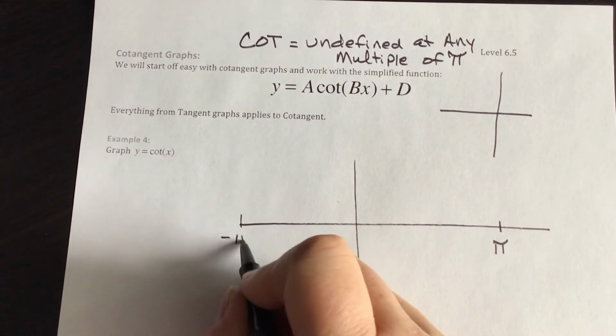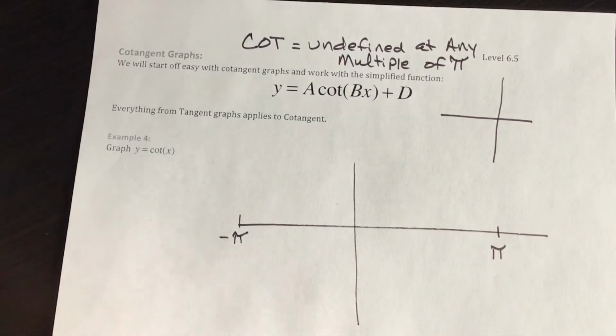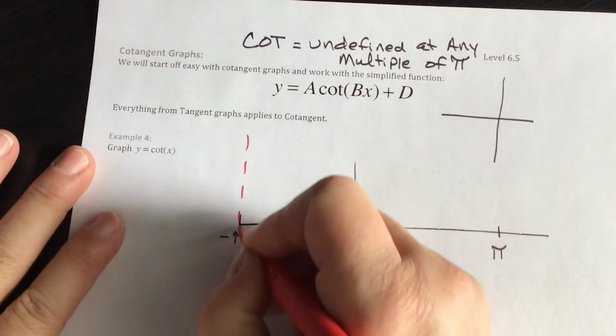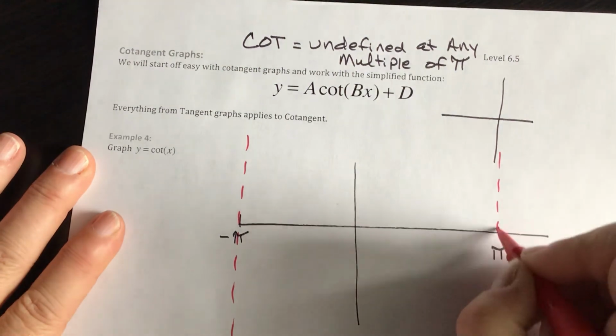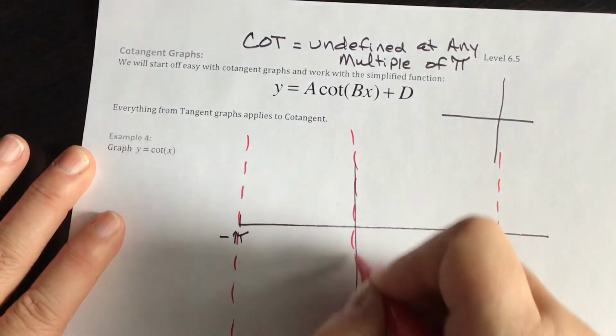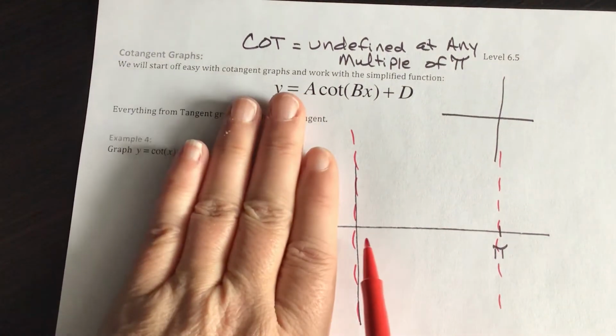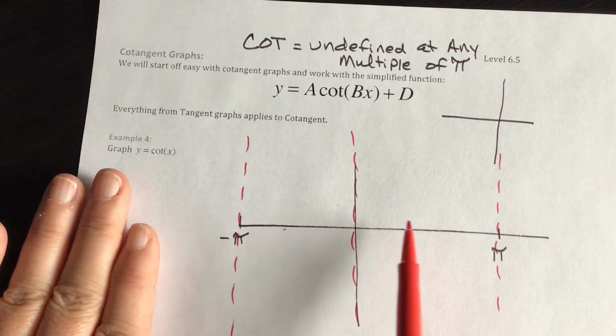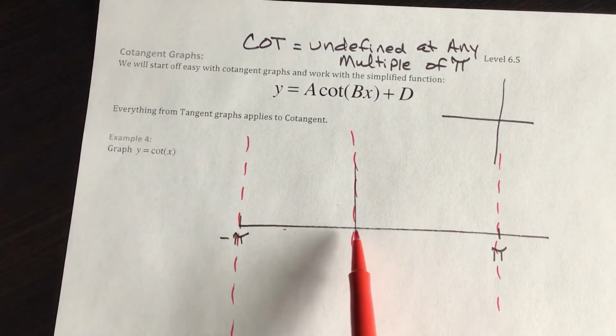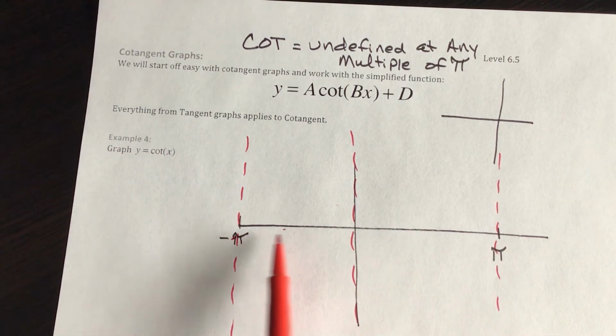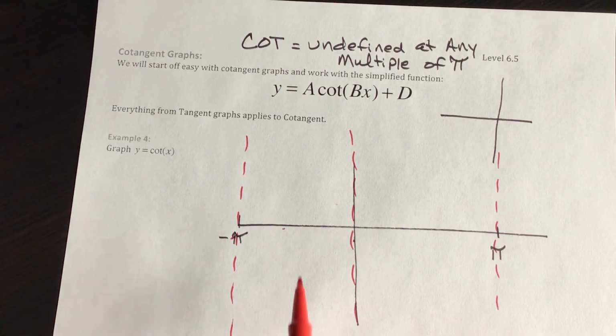Here's negative pi. So I have vertical asymptotes here. All right, so my period, instead of going from negative pi over 2 to pi over 2, I can just go from 0 to pi or negative pi to 0. I don't have to do those half-pies in this one.